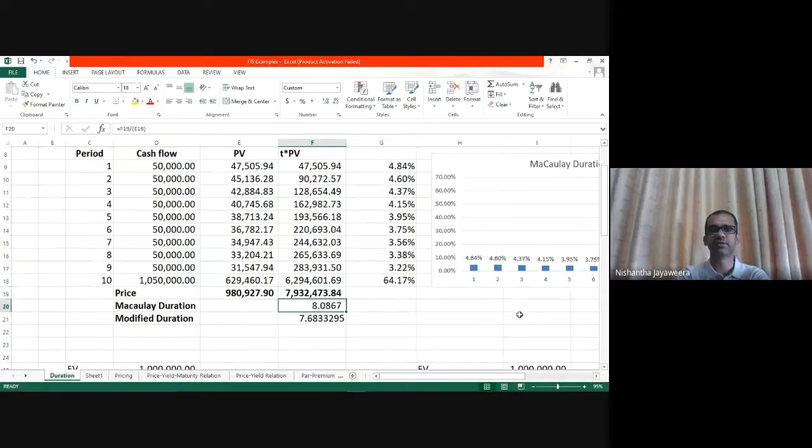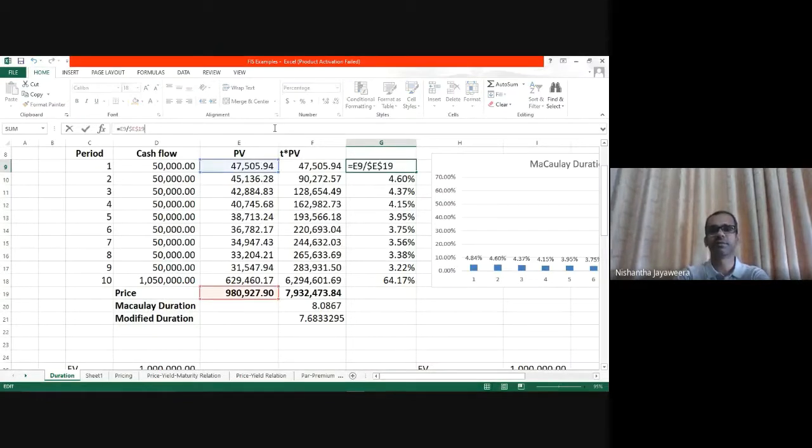So I calculate this. It came to 8.0867, the Macaulay duration. That means the balancing point is somewhere closer to 8 years. And these are the weights or the contribution as a percentage of the price.